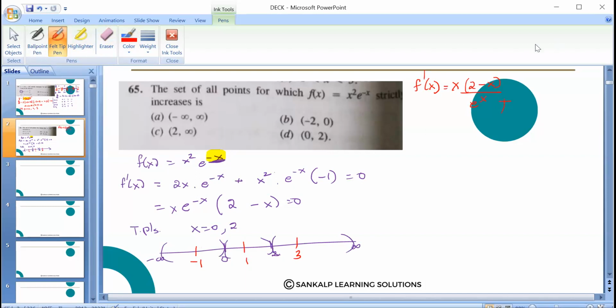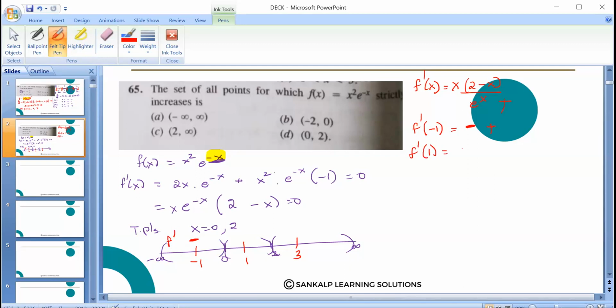E power x will be always positive. When you put x as minus 1, x is negative, 2 plus 1 will be positive. So f dash is negative.